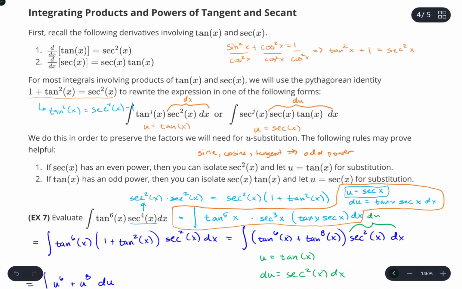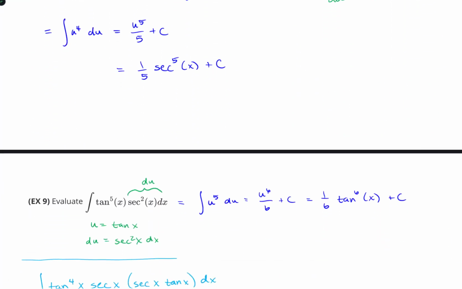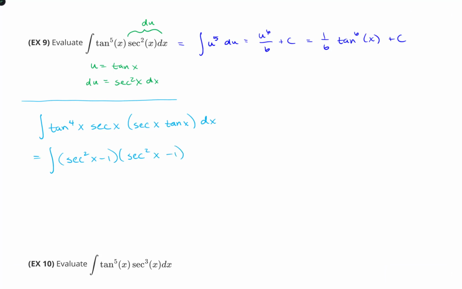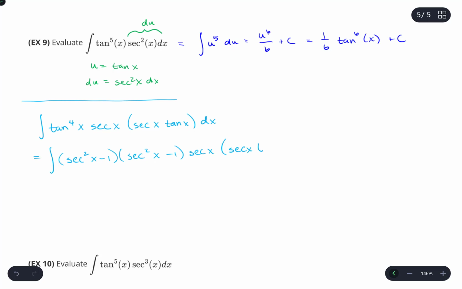Okay, so I would come back down, pardon the scrolling. This would be secant squared x minus 1 times secant squared x minus 1, because this is effectively tangent squared times tangent squared, which would be tangent to the fourth, times this secant x, times secant x tangent x dx.